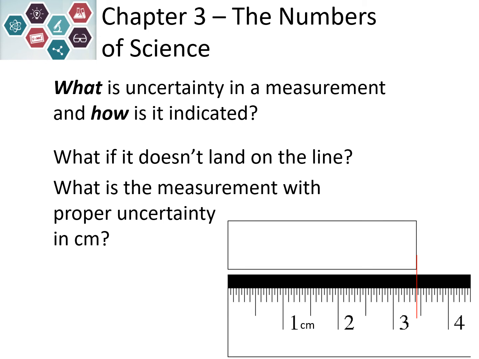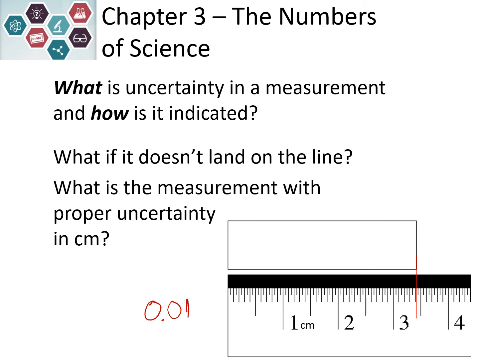So let's look at what we can read. So we know the ones place. We have marks for the tenths place, but we do not have 10 equal marks between the tenths place. And so our estimation still happens between the tenths place.